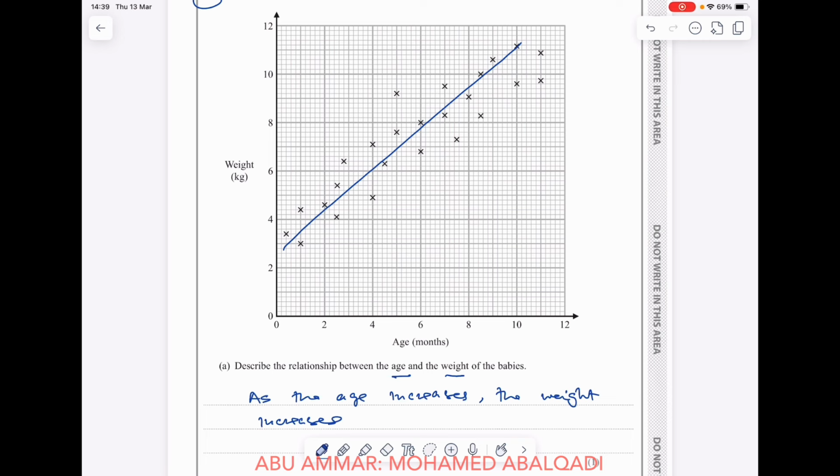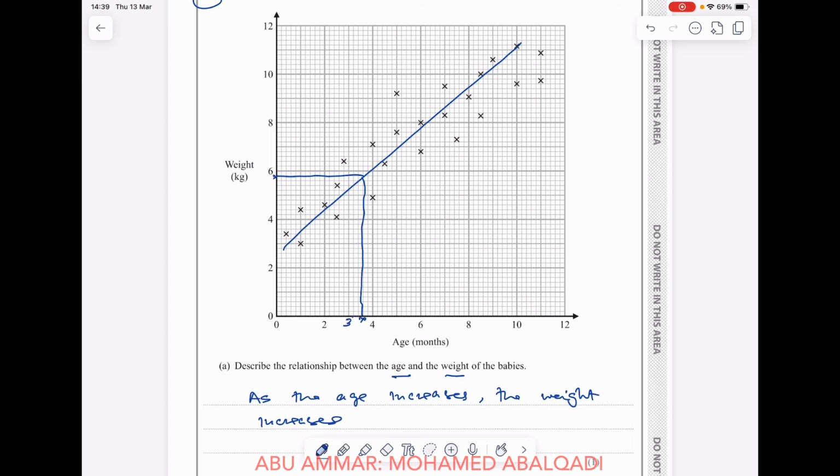Next, we go to 5.8 kilogram, which is somewhere here, and then we have to go across, and then we go down and find out what this number is. So here is 3, 1, 2, 3.